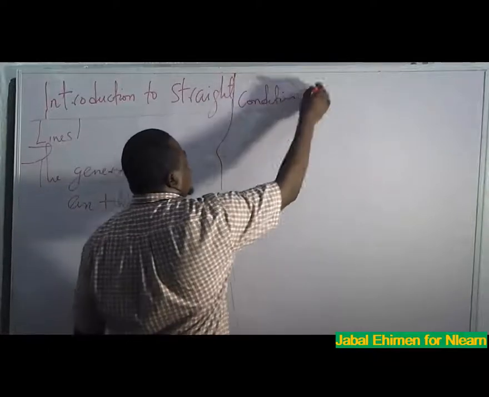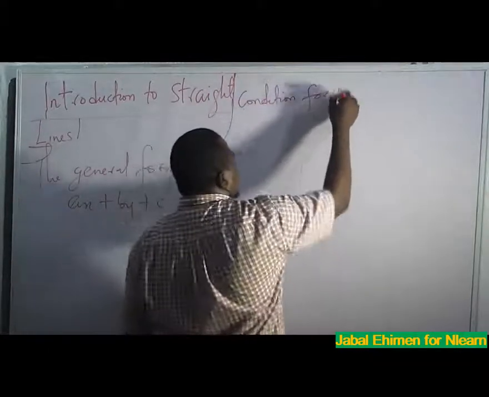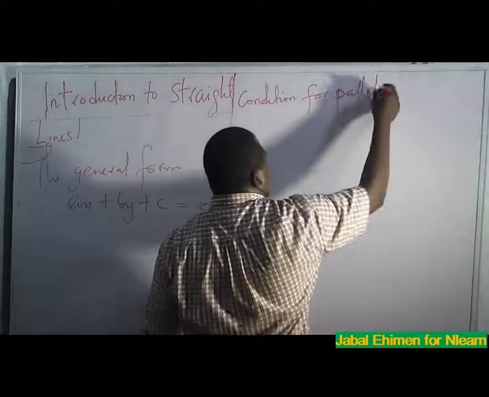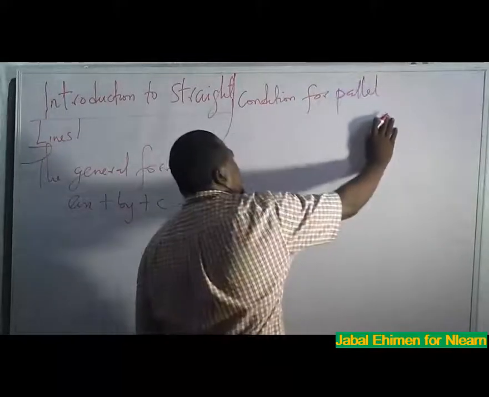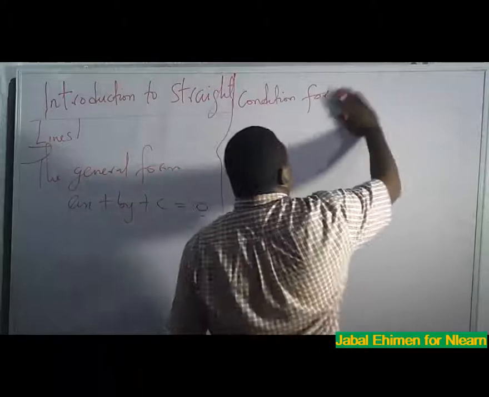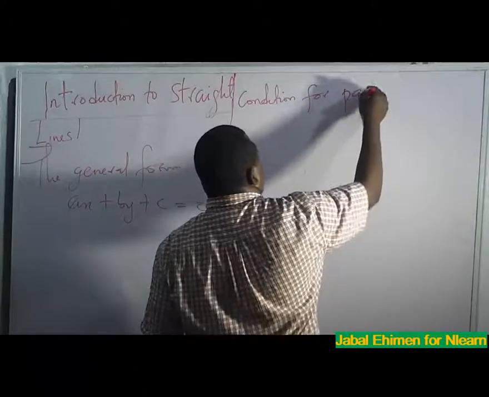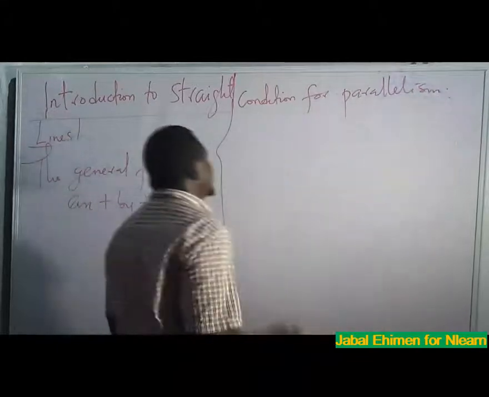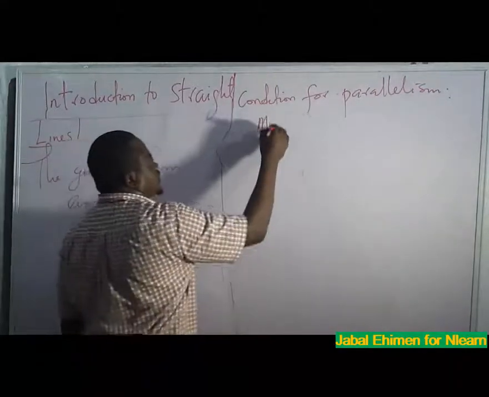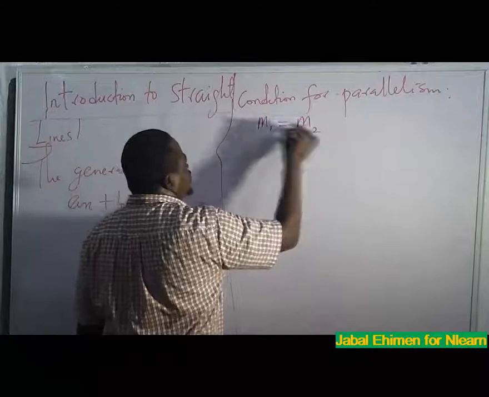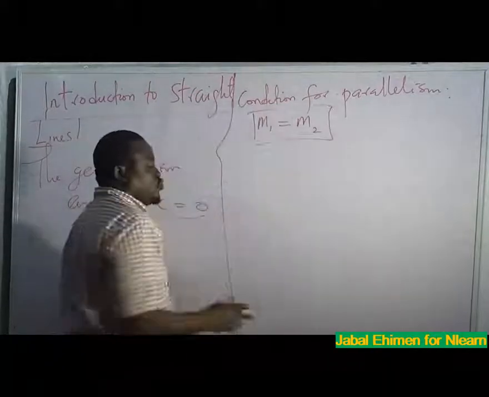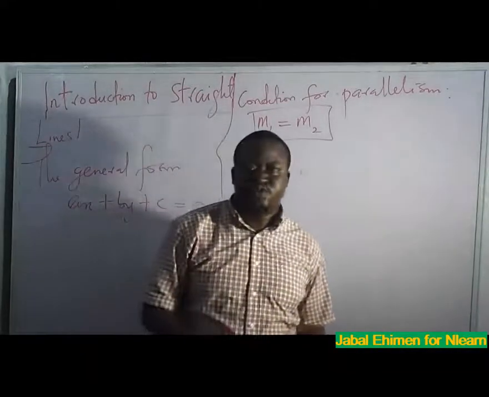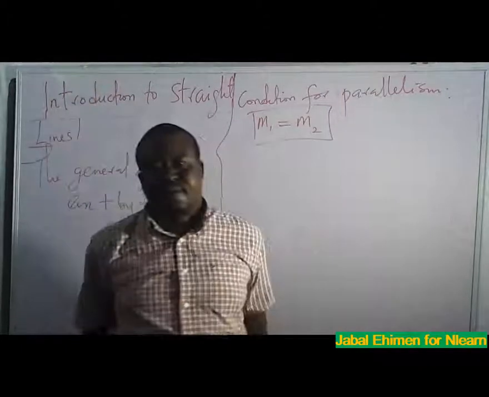So look at this in context. The condition for parallelism states that M1 is equal to M2, meaning gradient 1 is always equal to gradient 2 for two lines that are parallel.